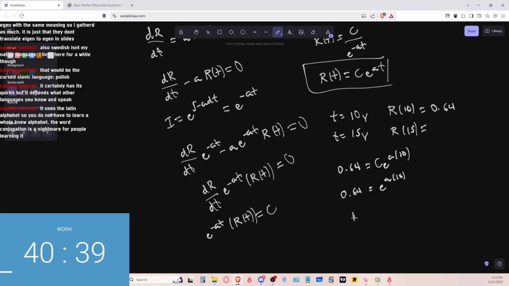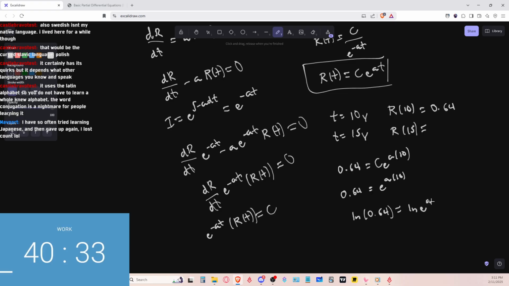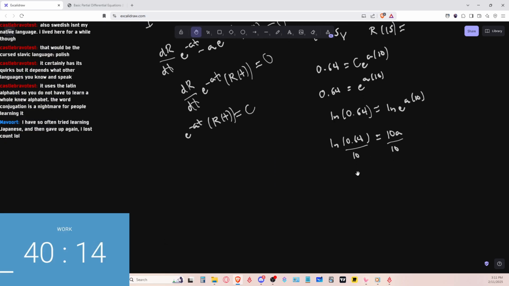So take the log of, and then take the log of E. Thus, given 10 A, that way we can know what A is. A is equal to the natural log of 64, 10 years, okay.